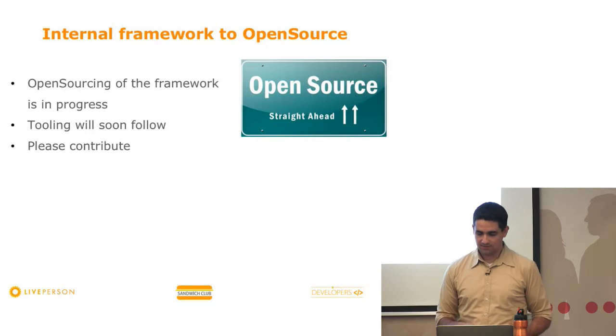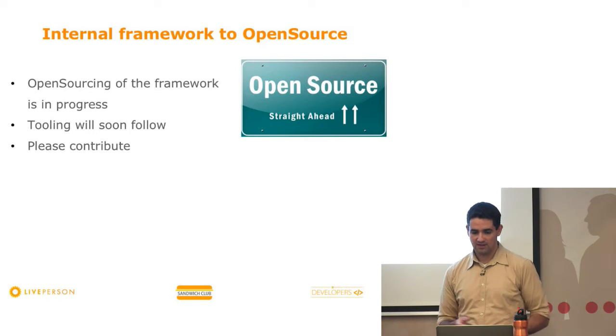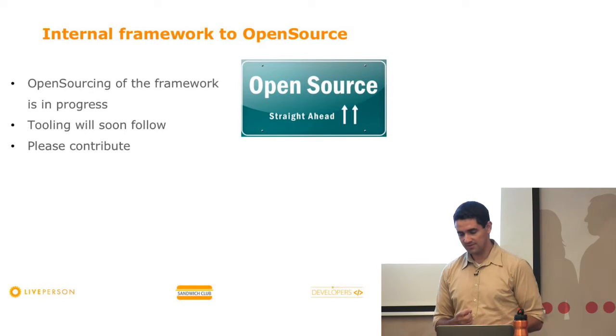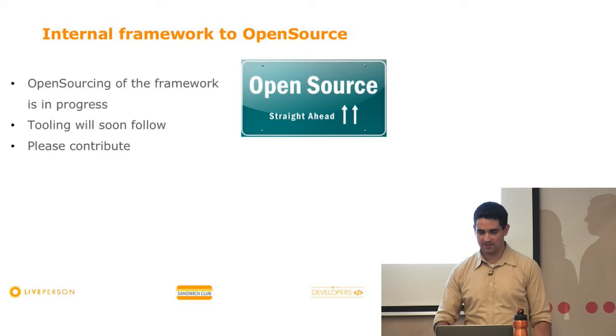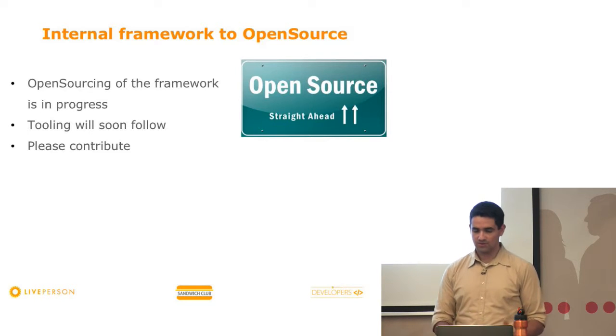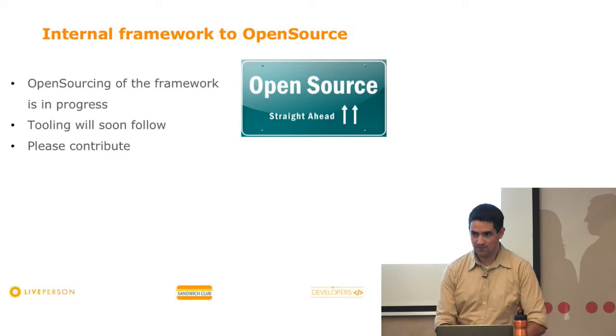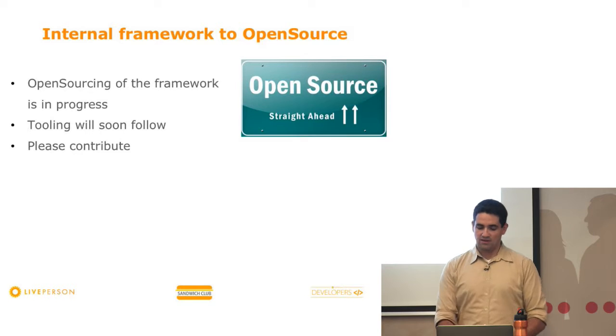So we decided to extract a framework out of our platform, and we are now working on open sourcing this framework. It should be available within a month, taking into account the October holidays, on the LivePerson account.